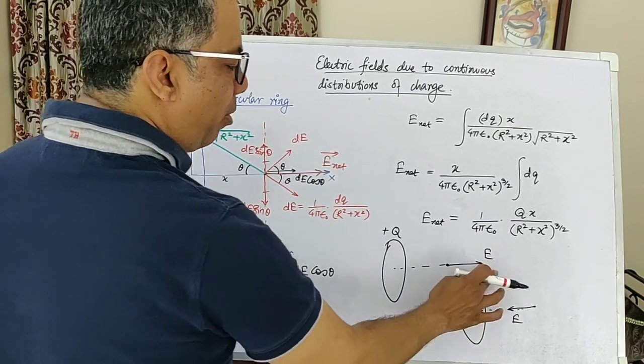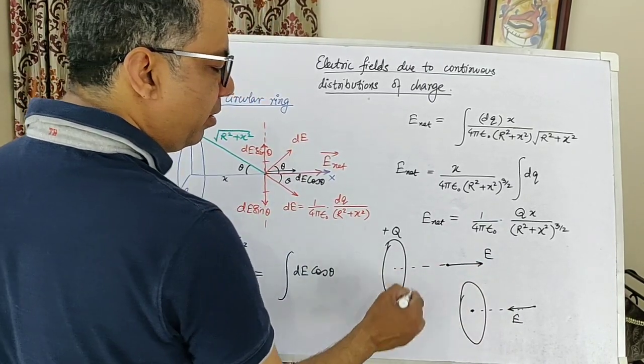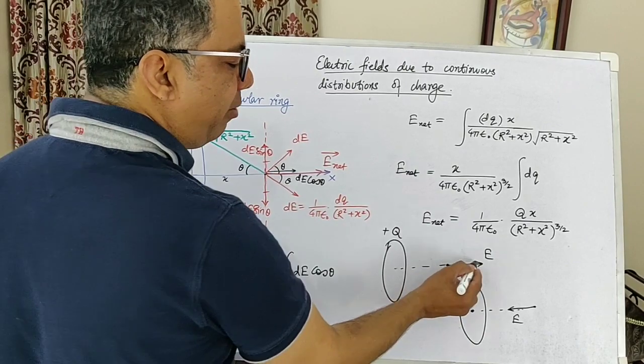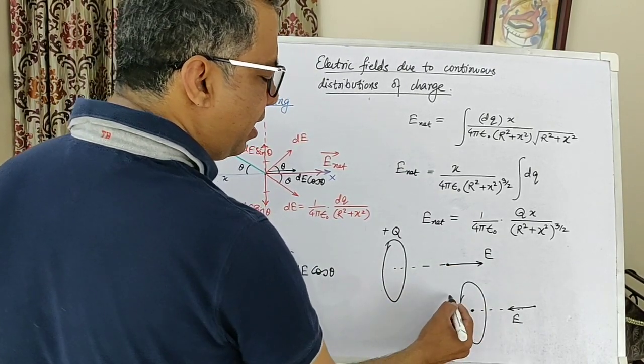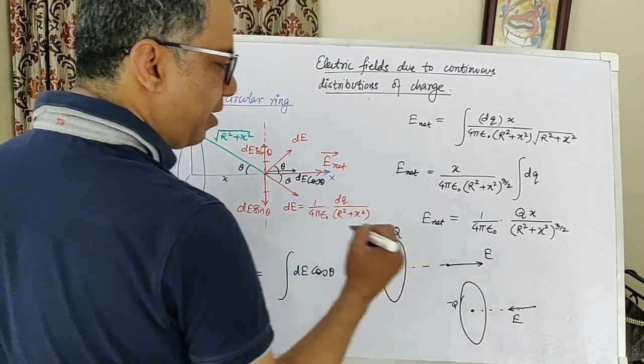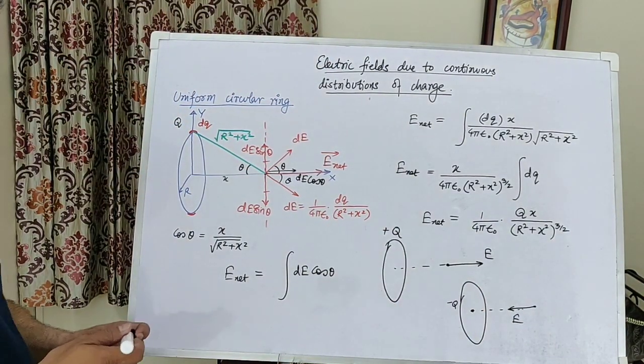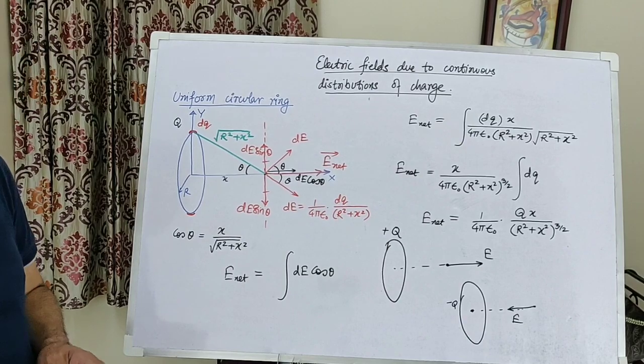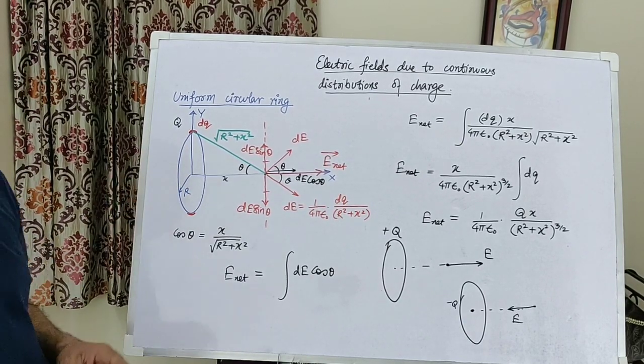So for a positively charged ring, the field points away from the center of the ring. For a negatively charged ring, the field points towards the center of the ring. So that's the simple example of a uniform circular ring.